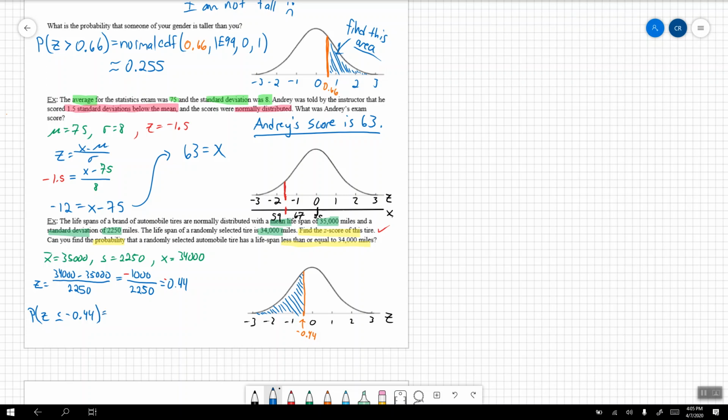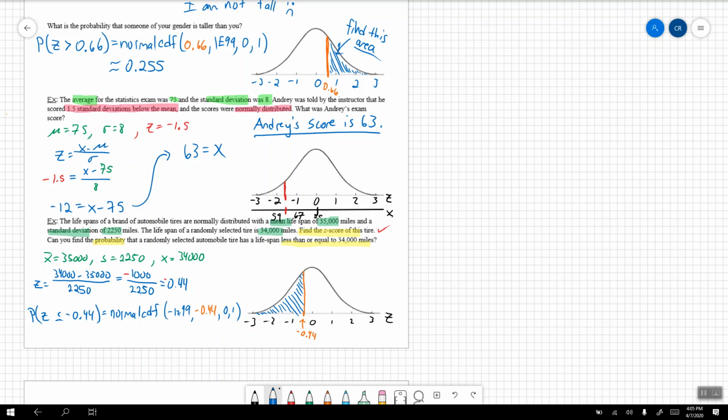So in here, I need my normal CDF. I'm going to insert my values. Let's see, my shaded area goes to the tail. That's the left tail. Because it's a left tail, I need -1E99. It stops at negative 0.44, mean, and standard deviation.